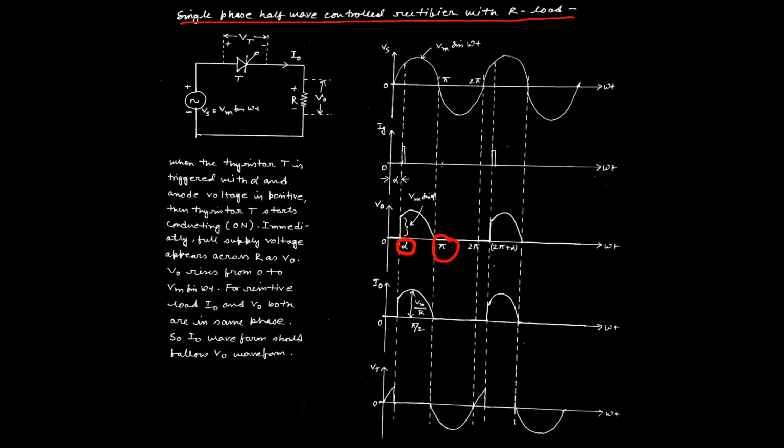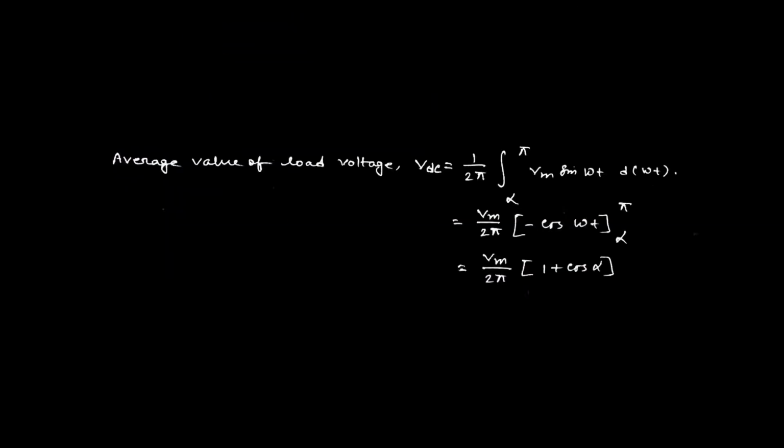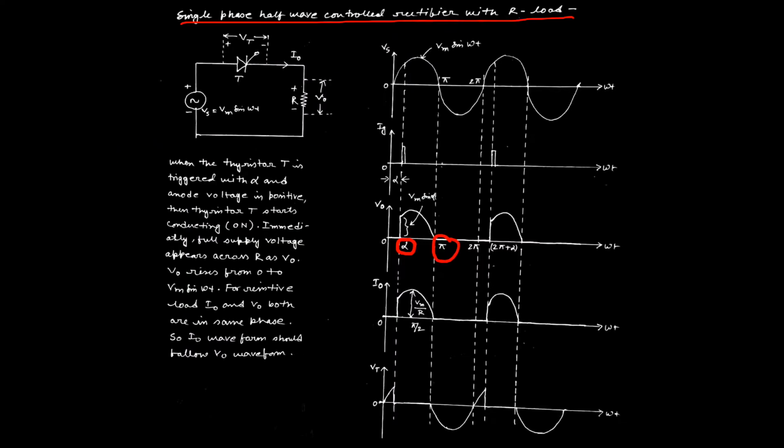Whenever we express the average value, the average of AC gives DC, so VDC should be equal to 1 by pi. Why? Because in this waveform, a complete cycle is 0 to 2 pi, and the number of peaks in the output voltage is 1.